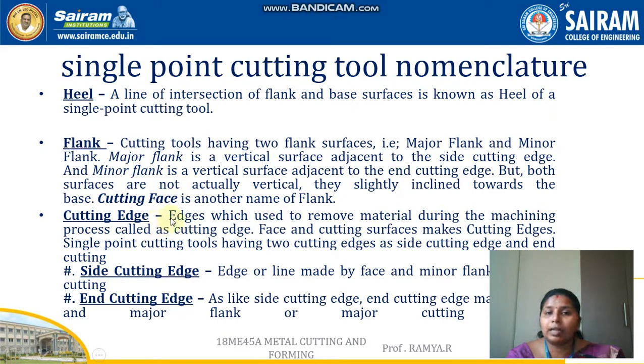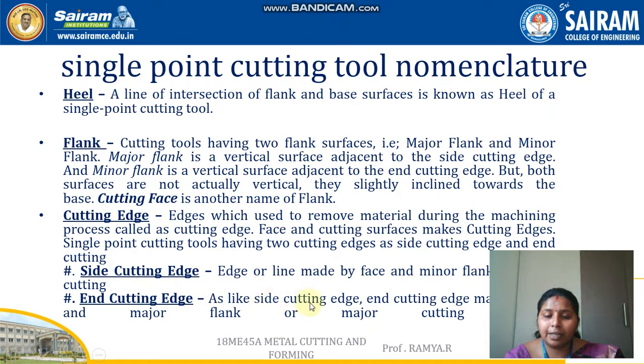And the next one is cutting edges. The edge which is used to remove material during the machining process is called the cutting edge. Face and cutting surfaces make cutting edges. Single point cutting tools have two cutting edges, the side and end cutting edge. One is the side cutting edge: the edge or line made by face and minor flank, or minor cutting face, is called the side cutting edge.